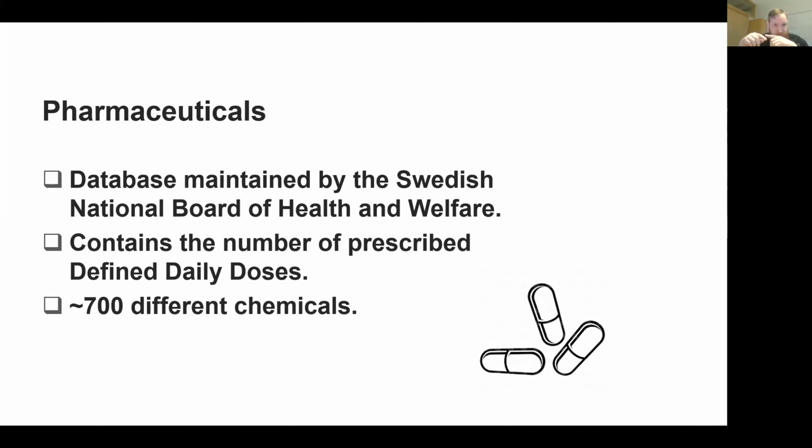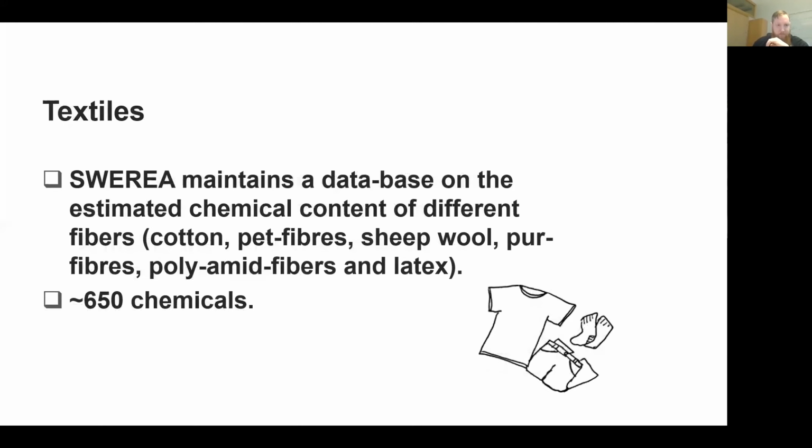That is simply because that is data you can get your hands on and later present. If you include the over-the-counter drugs, that gets covered by a bit of forced obscurity, so you can't really present the data then. But anyways, that database contained approximately 700 different chemicals.